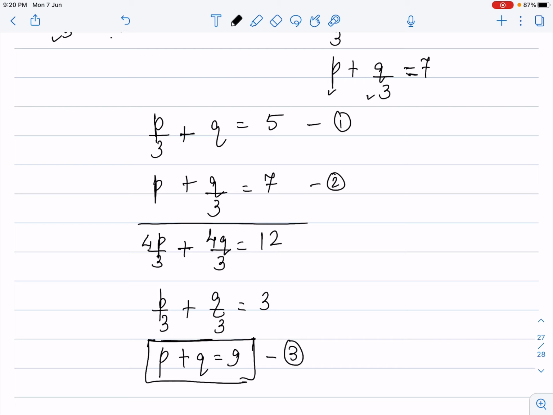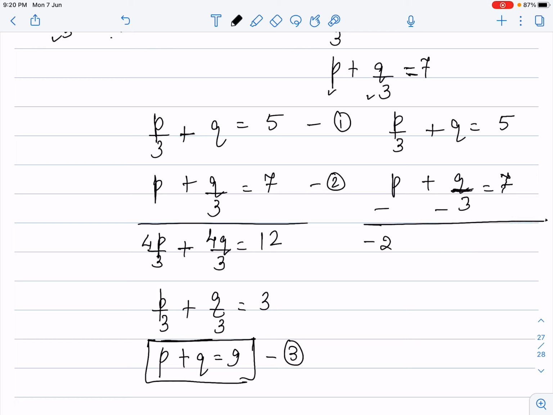Now what will we do? p by 3 plus q is equal to 5, we know. Then p plus q by 3 is equal to 7, we know. Subtract these two equations. So I'll get minus 2p by 3 plus q minus q by 3, which is 2q by 3, is equal to minus 2.